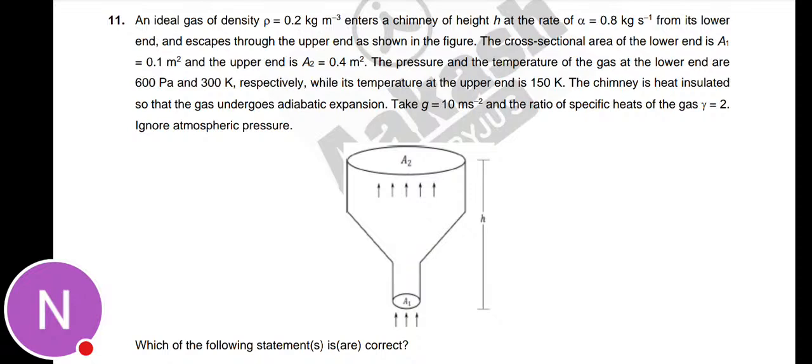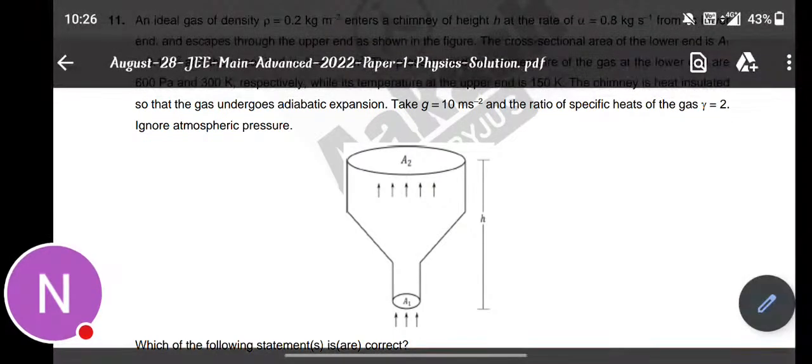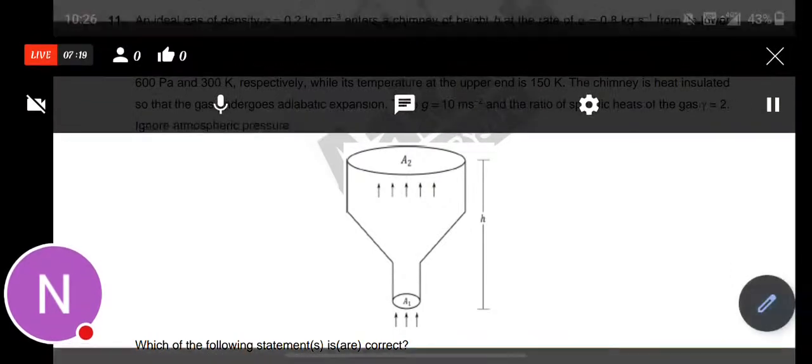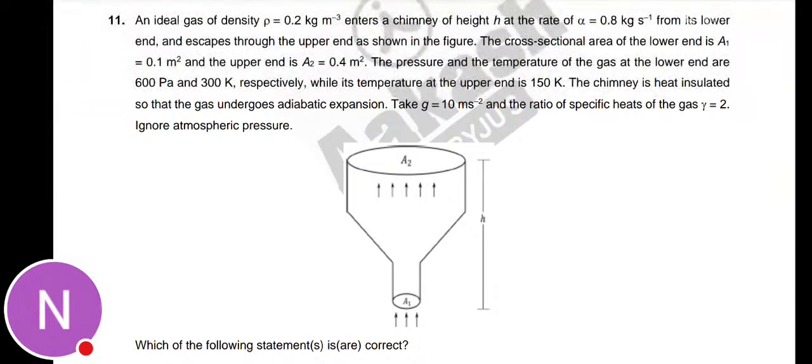The cross-sectional area of the lower end is A1, that value is 0.1 meter square, and the upper is 0.4 meter square. The pressure and the temperature of the gas at the lower end are 600 Pascal and 300 Kelvin respectively.